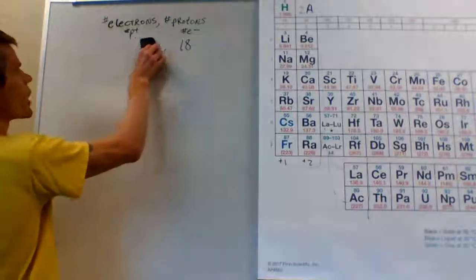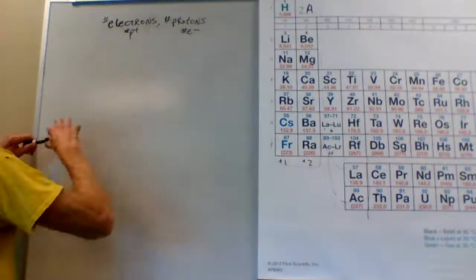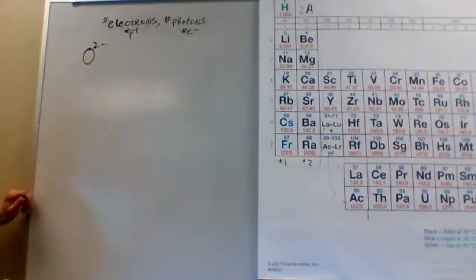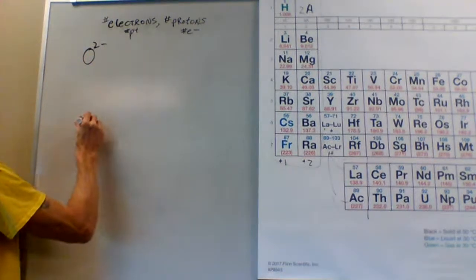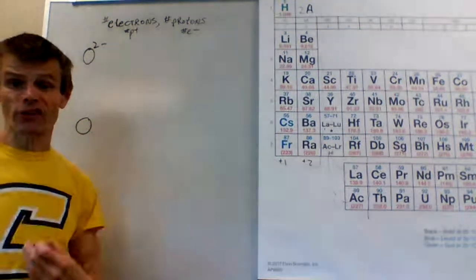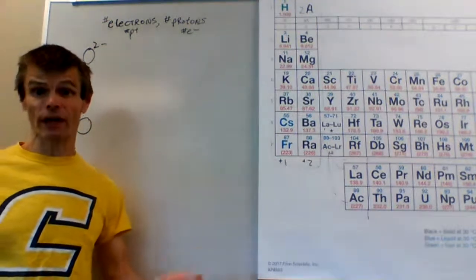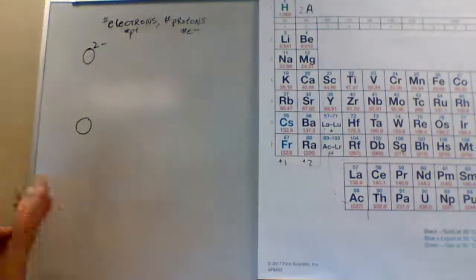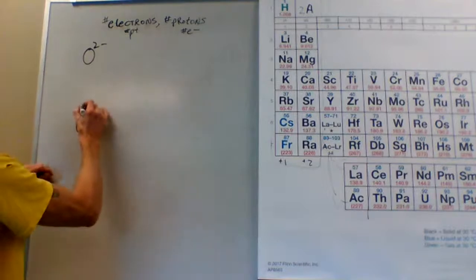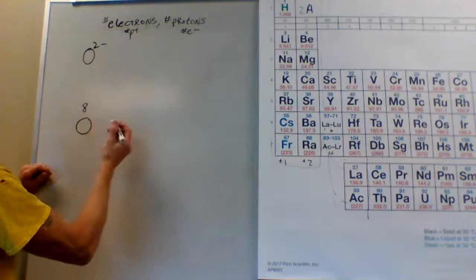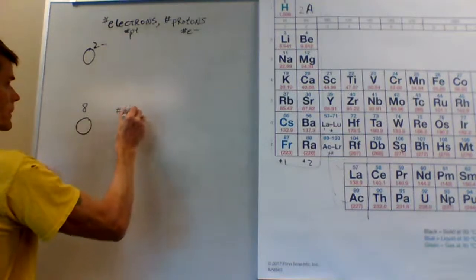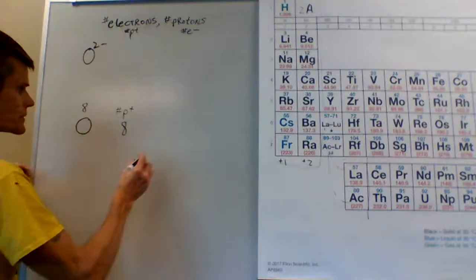Let's do the same for O2 minus. That is the oxide ion. Let's begin with oxygen. Oxygen is the atom from which the oxide 2 negative charge anion is formed. If we look at the periodic table, oxygen has an atomic number of 8. 8 protons.